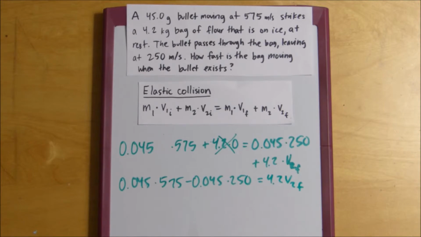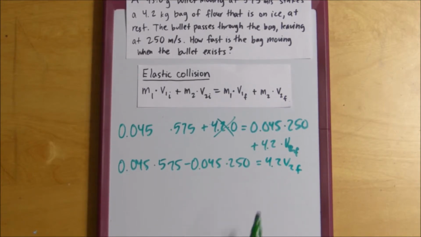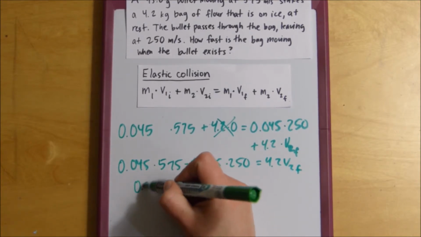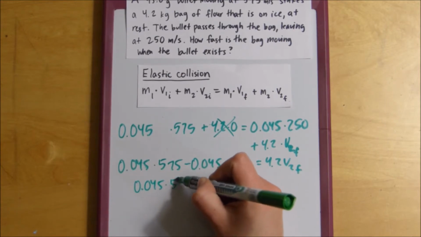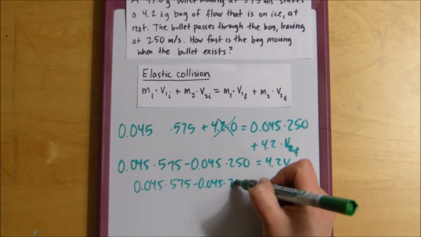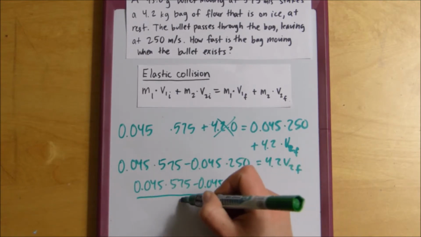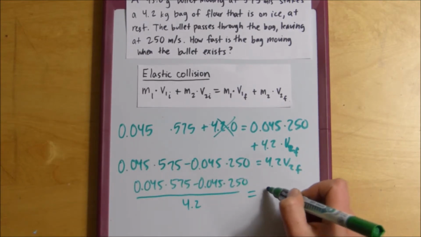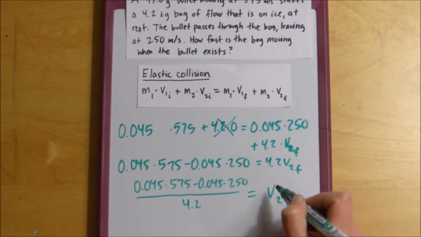And then we take all of this and divide it by 4.2. That's going to be our final velocity.